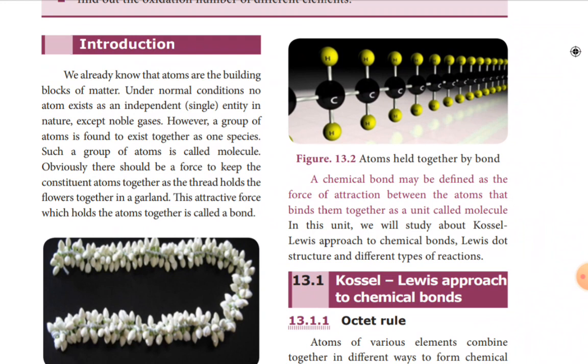The thread here is like a force which attracts the atoms together to form a molecule. So this force binds the atoms together to form a molecule. The binding force or attractive force is called a bond. The attractive force which holds the atoms together is called a bond.